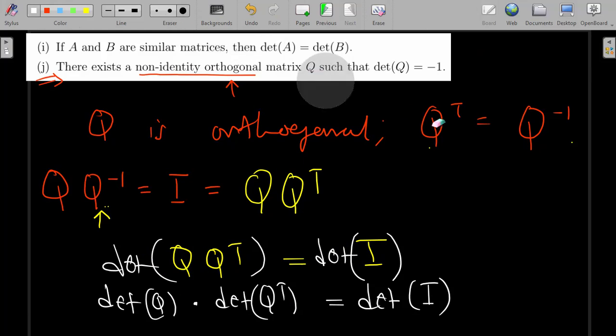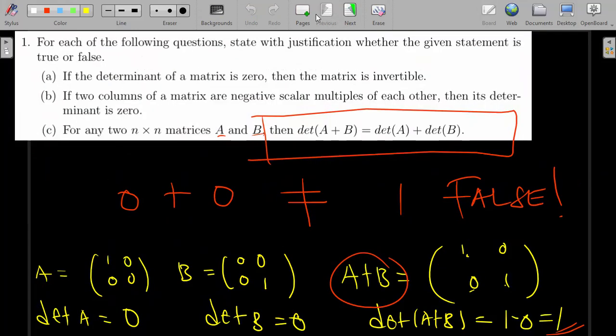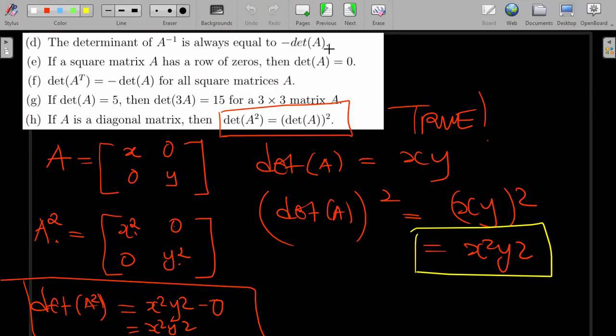From those same properties of determinants, we know that the determinant of a certain matrix, maybe A, is the same as the determinant of its transpose. I think we proved this one. Let me go back. Didn't we prove something like this? Yes, here where we said this statement they gave us was wrong because the correct one was that the determinant of the transpose is equal to the determinant of the matrix itself.